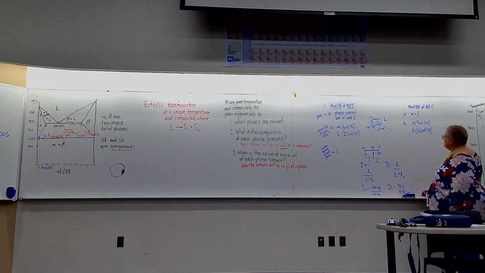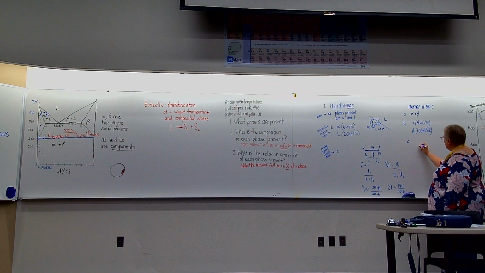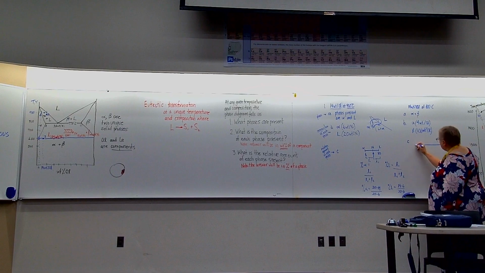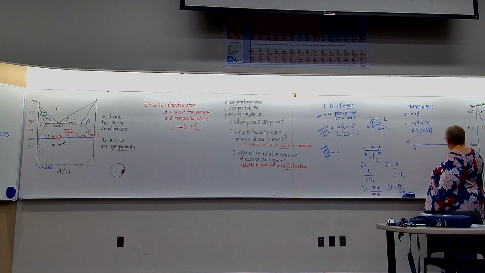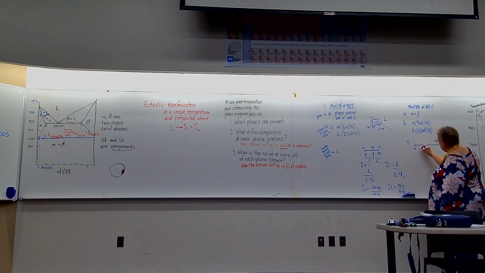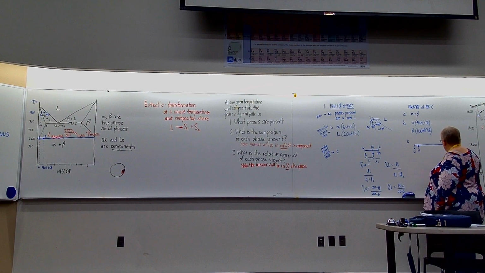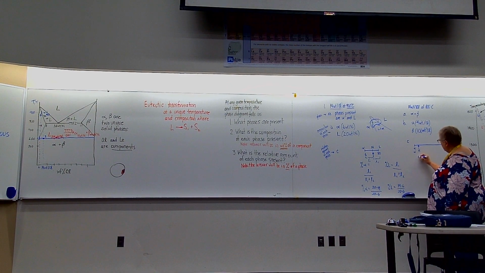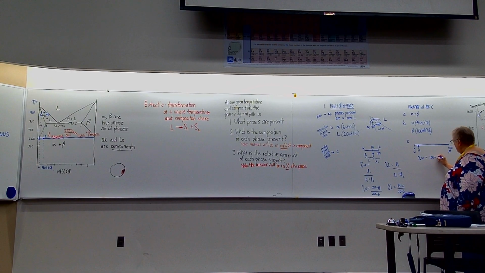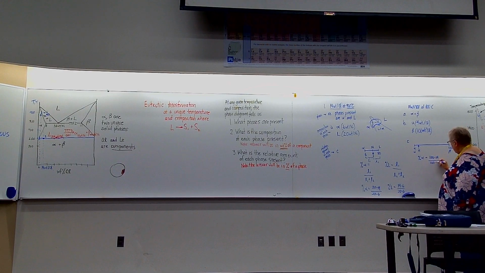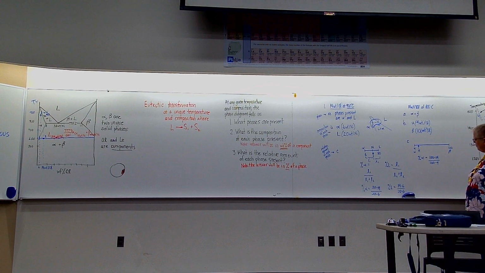Straight from the top. And then for C, my lever goes from 4 to 100. I'm at 14. 4 is alpha, 100 is beta. So the percent alpha is 100 minus 14 over 100 minus 4.